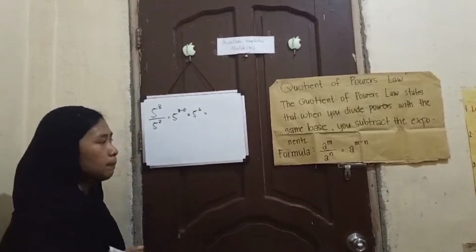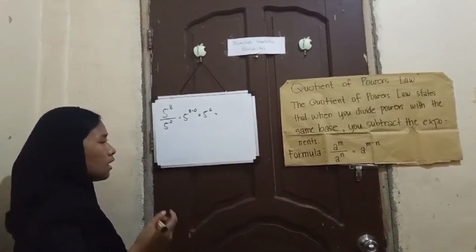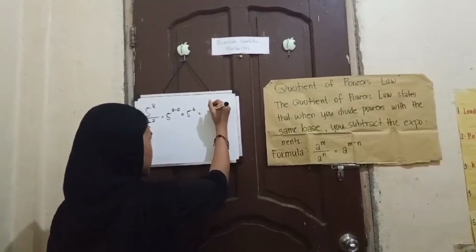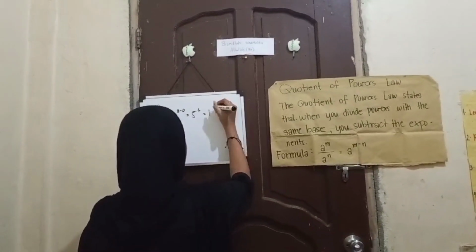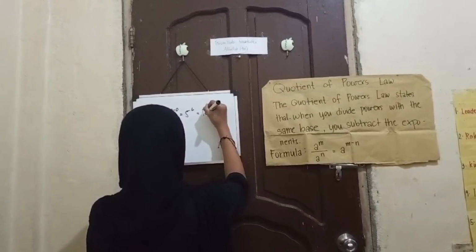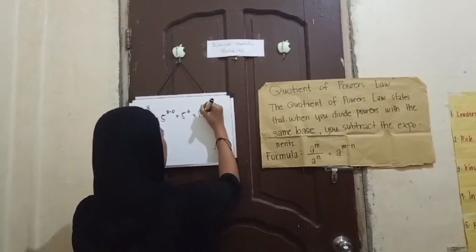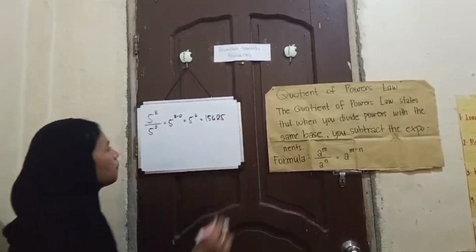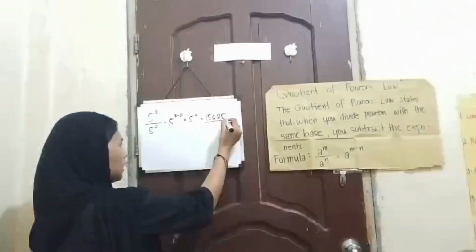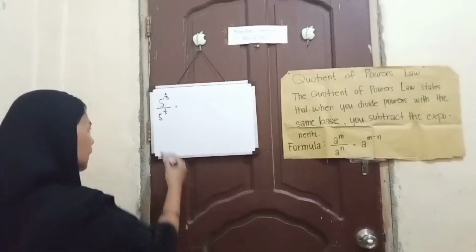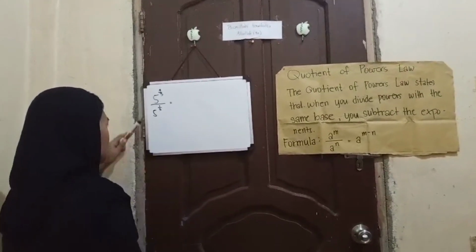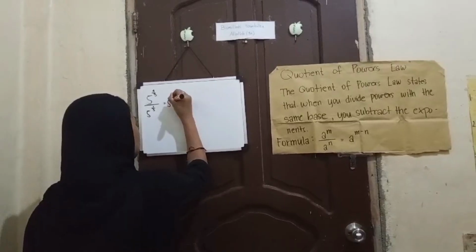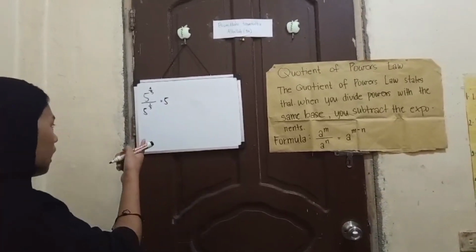So 5 to the power of 6 is 5 times 5 times 5, etc. And the answer is, this is the final answer. Another example is this one. Since same base, copy the base and then subtract the exponents.